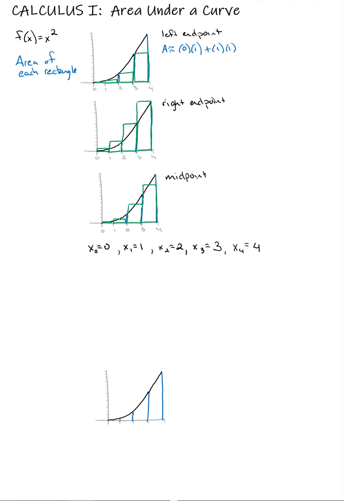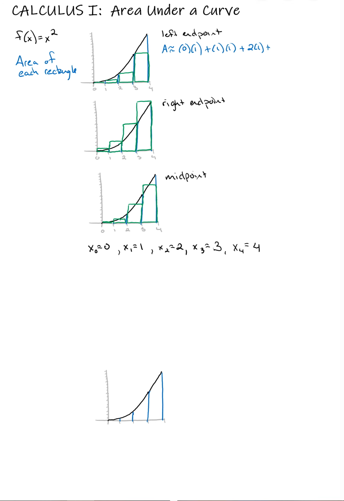In the next interval, my left-hand endpoint is 2. Where does that meet my curve? Well, 2 squared is 4, again following my function, and the width is again 1. And then the last one, we have a height of 3 squared and a width of 1.